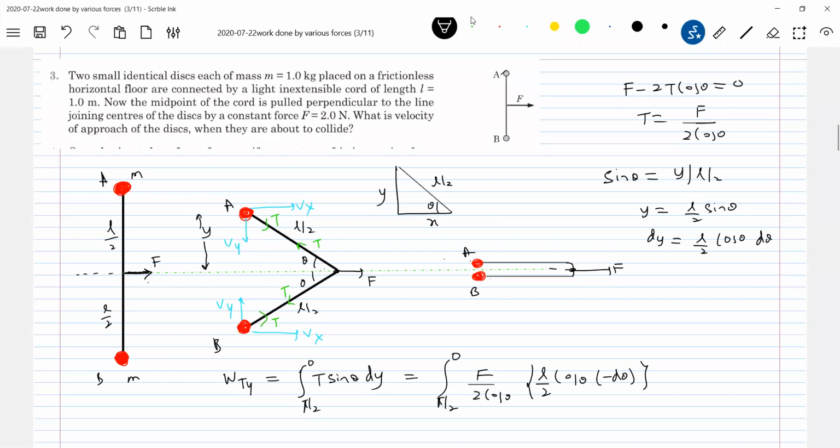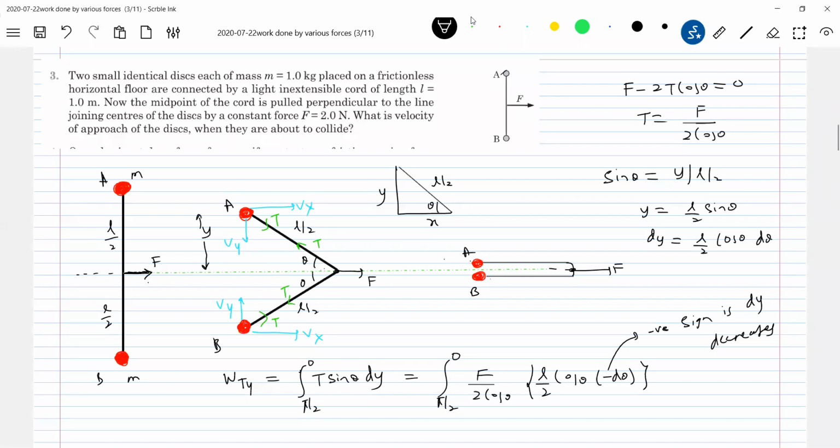The work done by the tension on particles A and B is positive, no? Because of that only the speed is increasing. So why this negative sign? The negative sign comes from dy. It's not that the work done is negative.